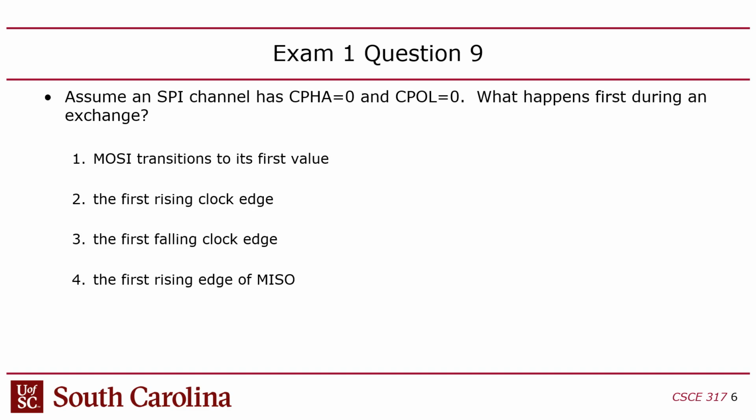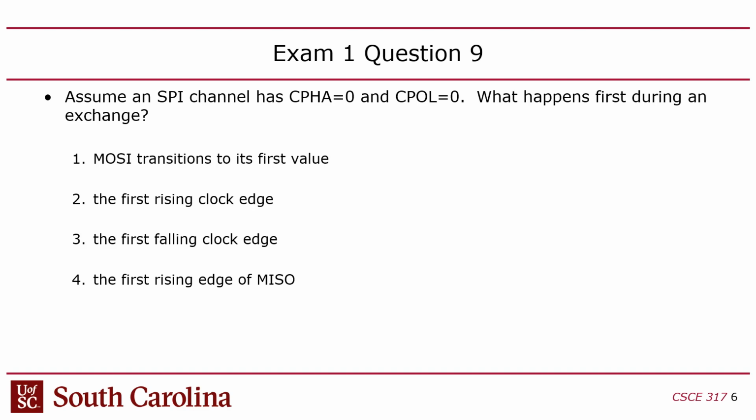What's the first signal to change in the SPI channel, in other words. Now, as you remember, the clock only operates during the exchanges, right? Only when the bus is being used to communicate. So it isn't necessarily going to be the clock that's the first thing to change.